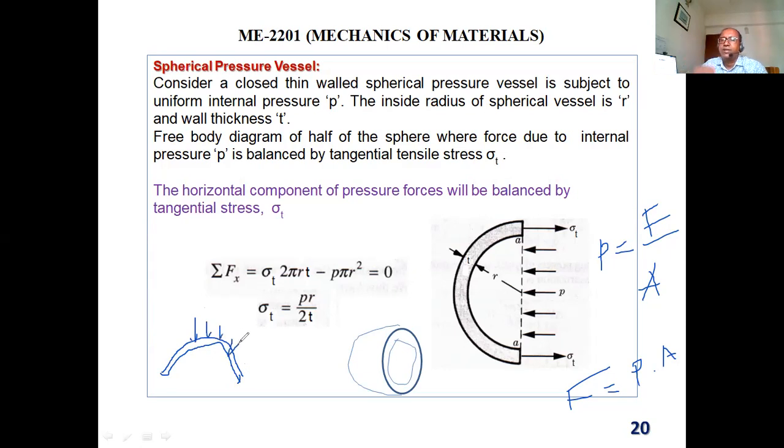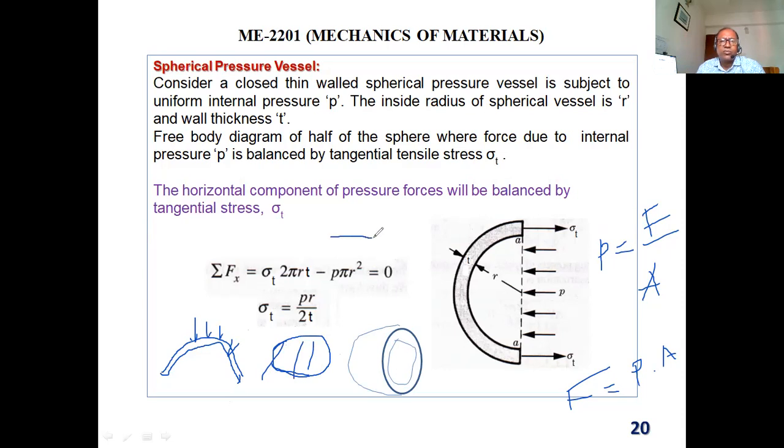You have to take the projection area. If you look from the top, your projection area of your helmet might be like that. So you take this area times atmospheric pressure. That will be your force on the helmet.